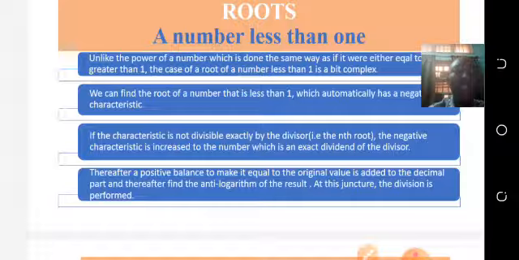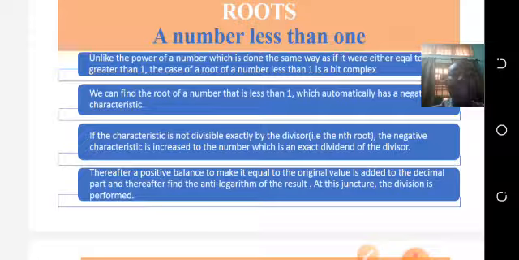So point number 4, thereafter, a positive balance to make it equal to the original value is added to the decimal part, and thereafter find the antilogarithm of the result. So at this juncture, the division is performed after you follow those rules one by one.